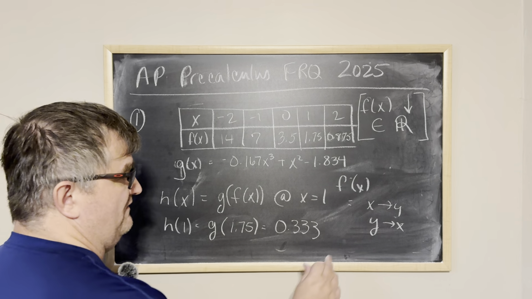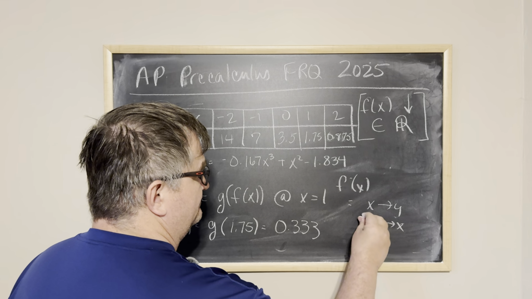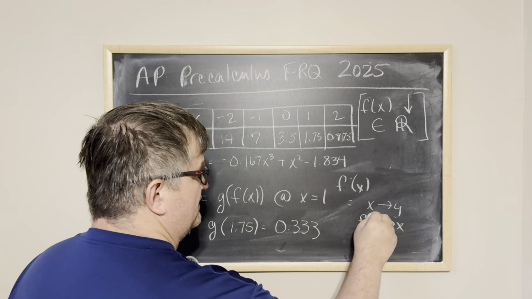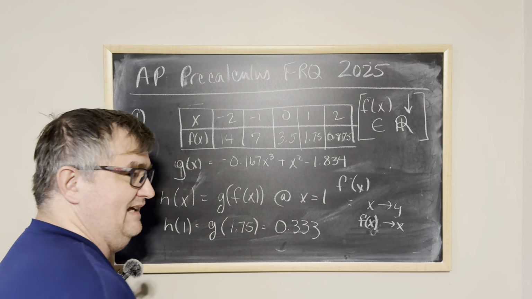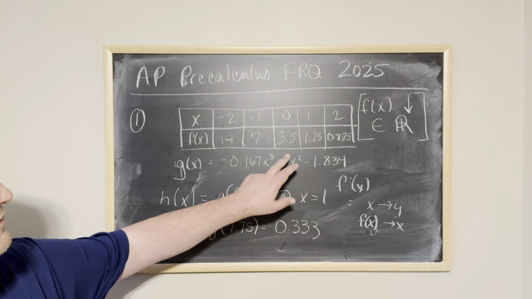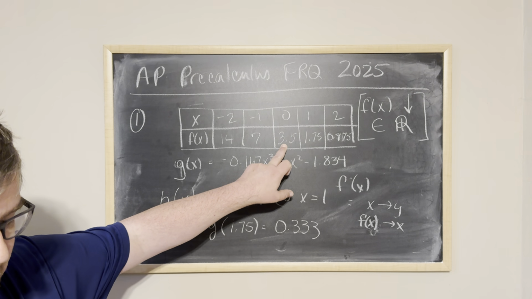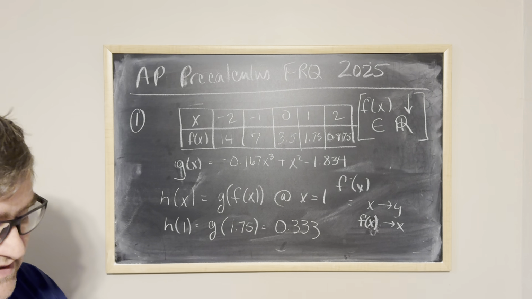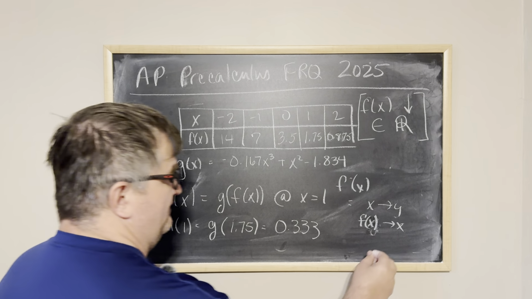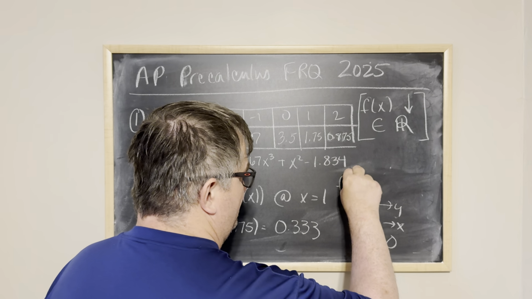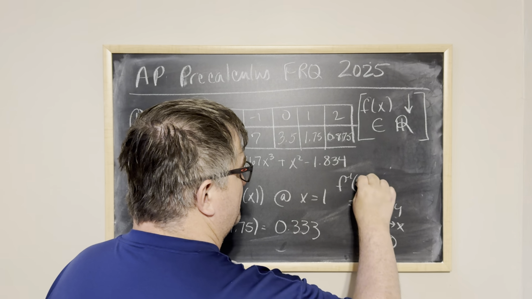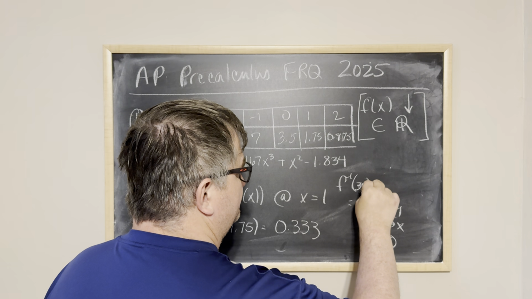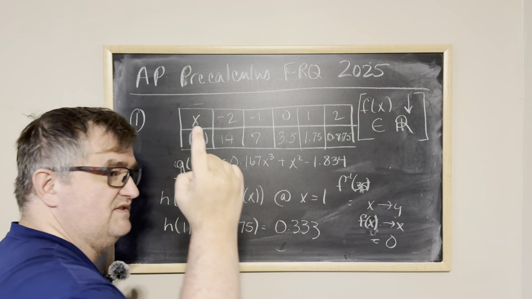Y is f of x. So we're just going to do that. And now this problem becomes very straightforward. So f of x 3.5 becomes 0. And so f inverse of 3.5 becomes 0.